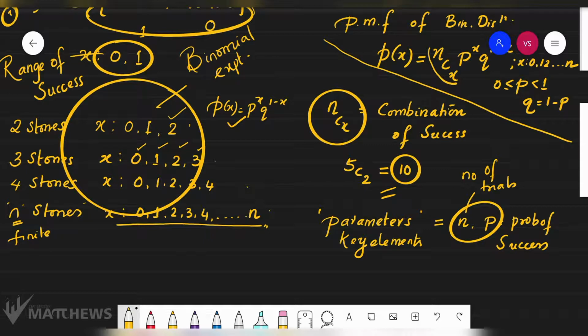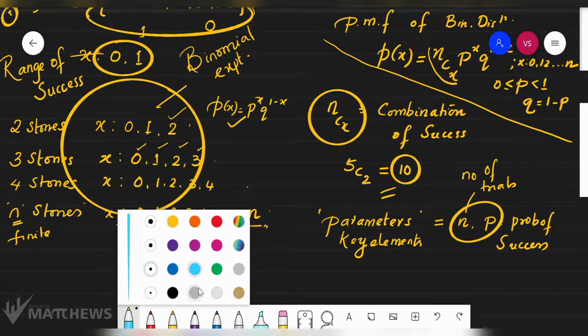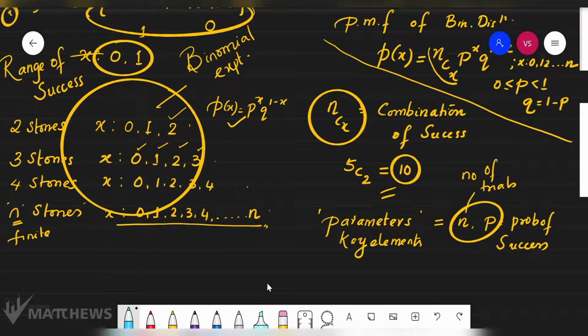Okay. So now we will be learning the next thing, the mean. What is the mean of the binomial distribution? That is the expectation of x, which is n into p, students, np.